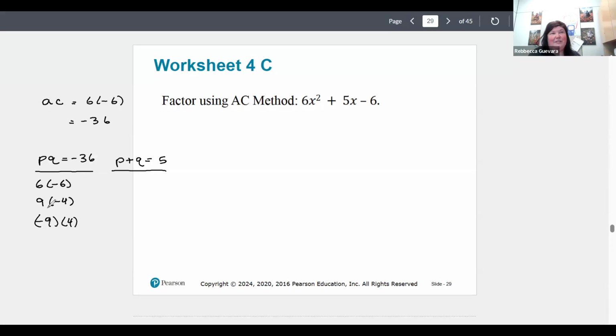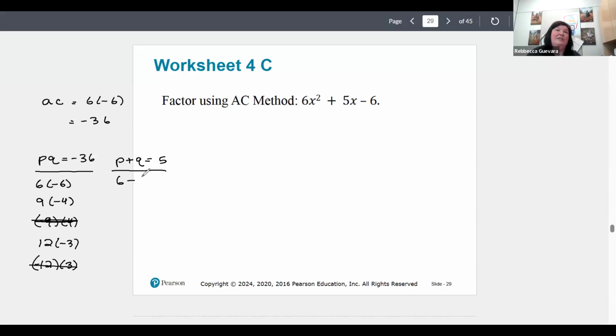But we know this is supposed to be a positive number, so we want to make sure the larger number is the positive. 12 and 3 is another one we can do. 12 and negative 3. And like I said, you could do negative 12 and 3, but we know that when we add those together, it's going to turn out to be a negative.